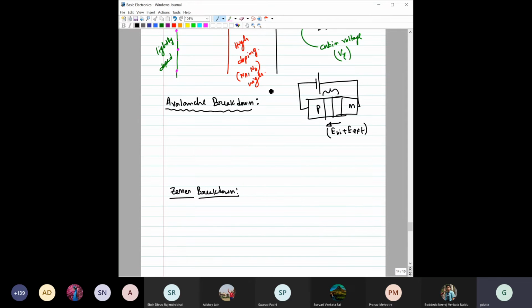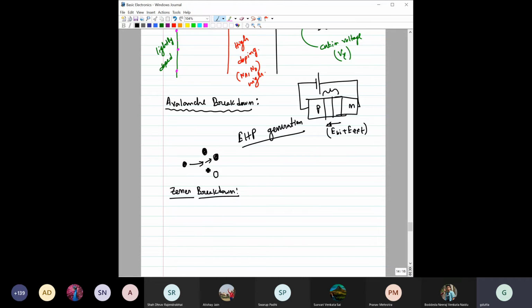So this is EHP, electron hole pair generation. Once this electron hole pair generates, they also try to move due to the presence of this electric field in opposite directions. They will again collide with other covalent bonds and generate another electron hole pair. Suppose one electron was moving, it generates one electron and one hole along with this initial electron, right?